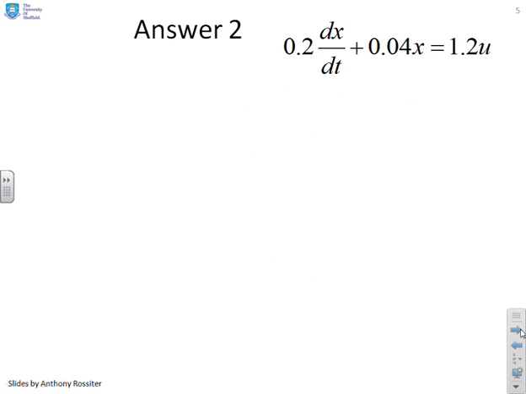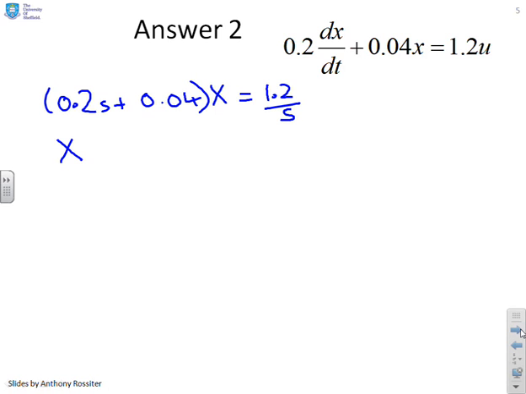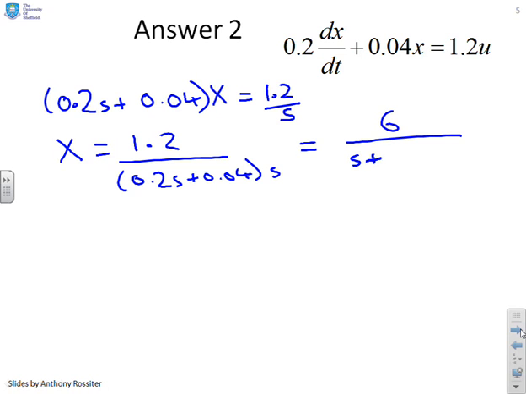Next example then, we have 0.2 dx/dt plus 0.04x equals 1.2u. So again, I'll do the Laplace quickly, because that's something you should be familiar with by now. So (0.2s plus 0.04) x equals 1.2 over s, because again we said that u was a unit step, or x equals 1.2 over (0.2s plus 0.04) all into s, or 6 over s(s plus 0.2).